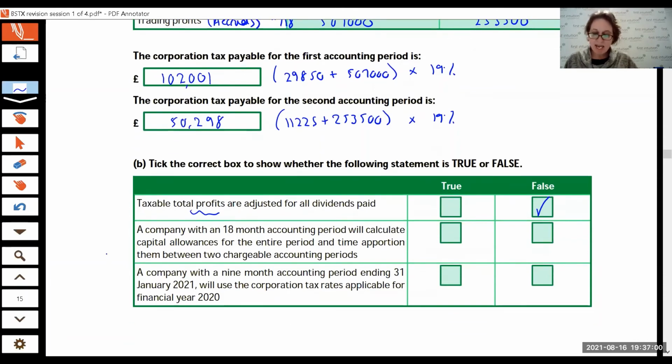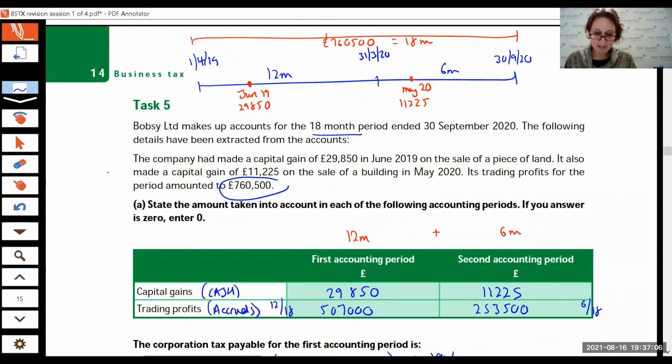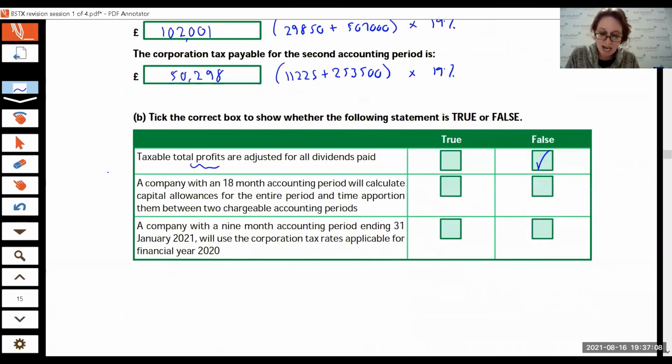A company with an 18-month accounting period. We've got a company with an 18-month period, so that's quite handy. We'll calculate capital allowances for the entire period and then time apportion them between the two periods. Is that how we do capital allowances? No, it isn't. What do we do?